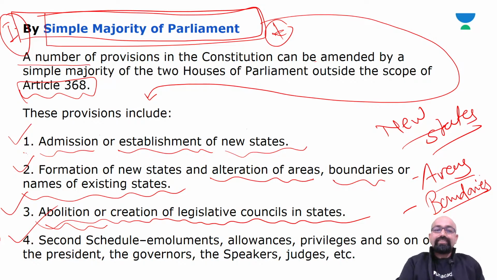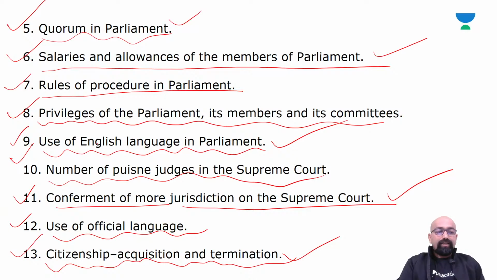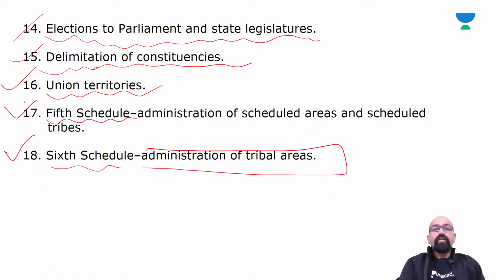Second schedule of our Constitution, that is emoluments, allowances, privileges of the President, governors, and the speakers and judges, quorum in Parliament, salaries and allowances of the members of Parliament, rules of procedure in Parliament, privileges of Parliament, its members and its committees, use of English language in Parliament, number of judges in the Supreme Court, conferment of more jurisdiction on the Supreme Court, use of official language, citizenship acquisition and termination, elections to Parliament and state legislatures.